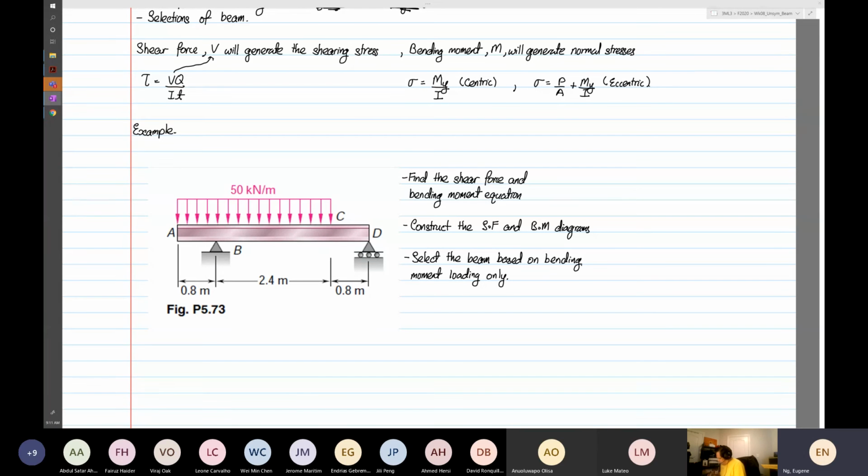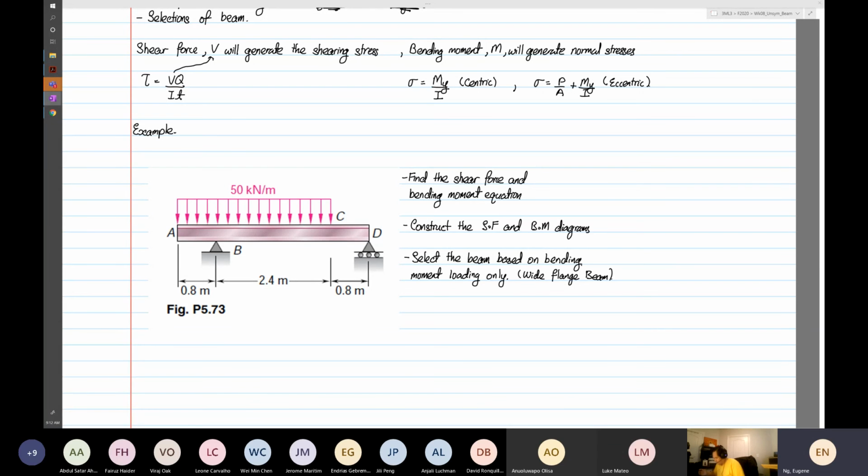So the beam we're going to select for this question is going to be a wide flange beam. Depending on the question, they can ask you to use a wide flange beam or S beam or whatsoever, or box beam.